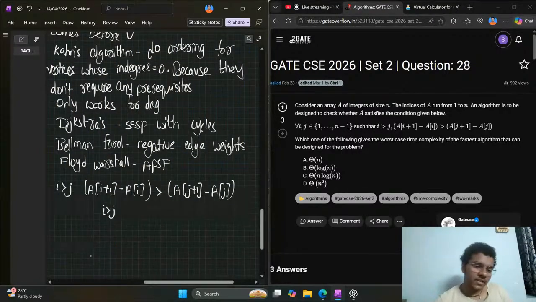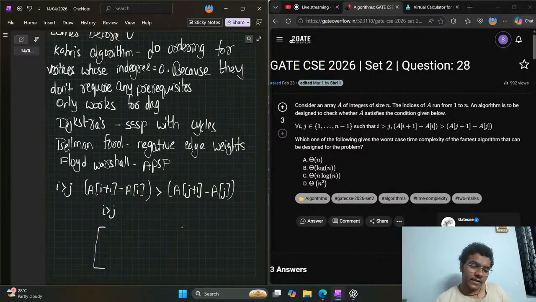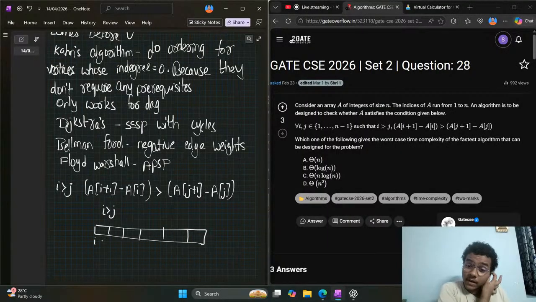Okay, I need to firstly get an intuition of what this problem is trying to do in the first place. So let's say, wait, it is not a matrix. Let's say i is this one, right? A of i plus 1 minus A of i.